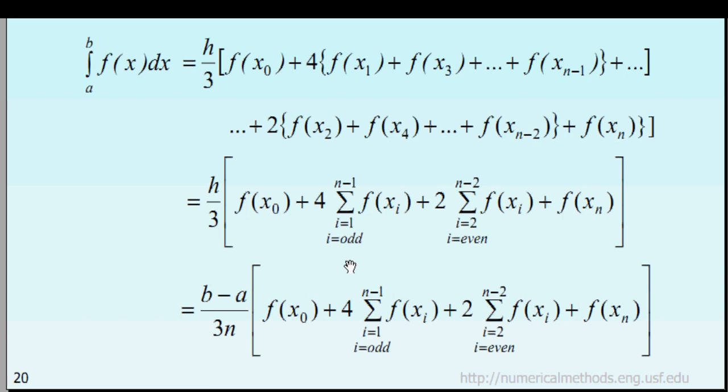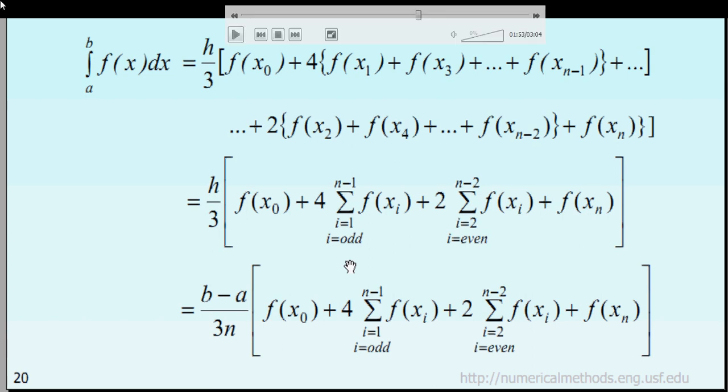After some calculations and arrangements, you will finally find this particular formula. This is my final formula for n segments for Simpson's 1/3rd rule.